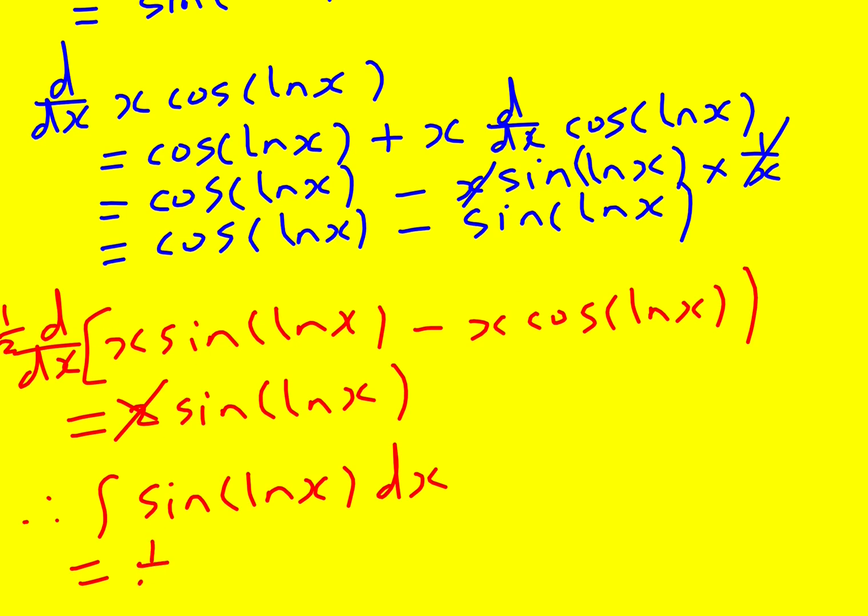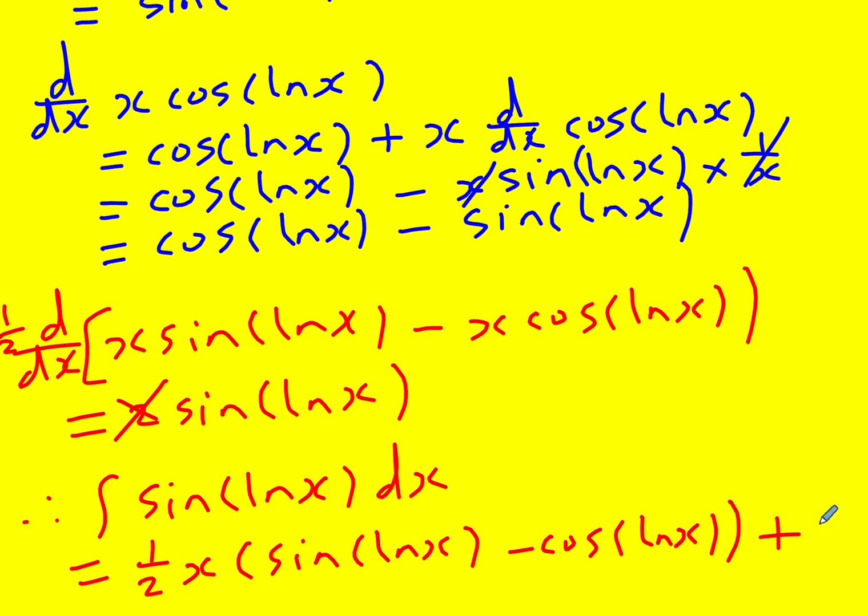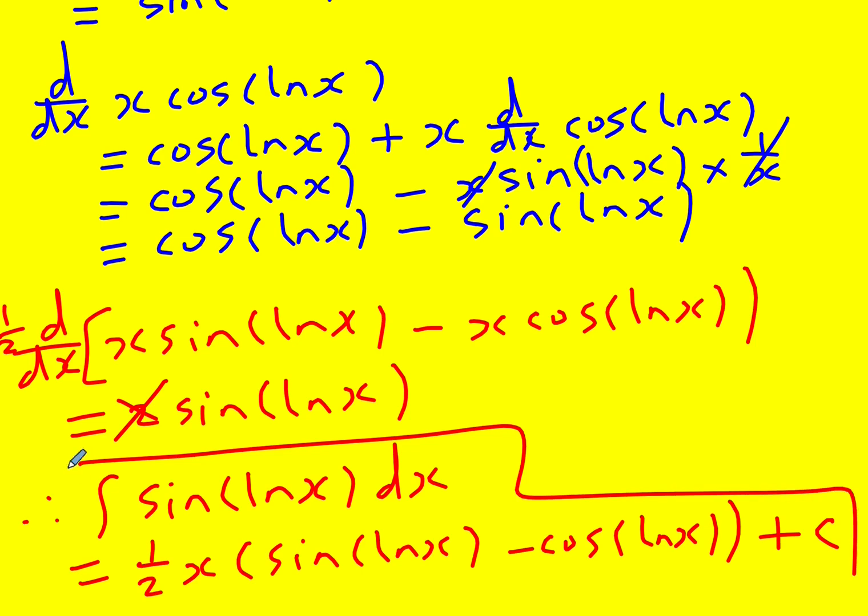So it's going to be a half. I can even factorize out the x. A half x, sine ln x minus cos ln x. Of course, don't forget the plus c. That's pretty neat.